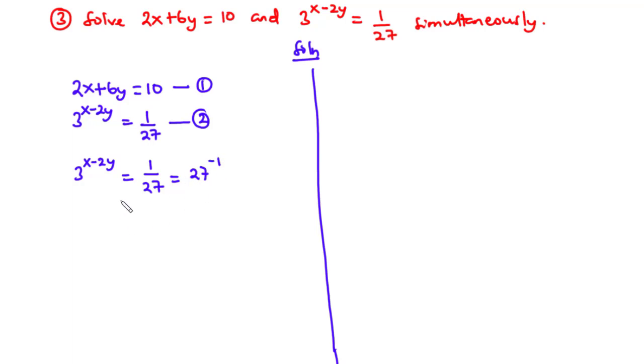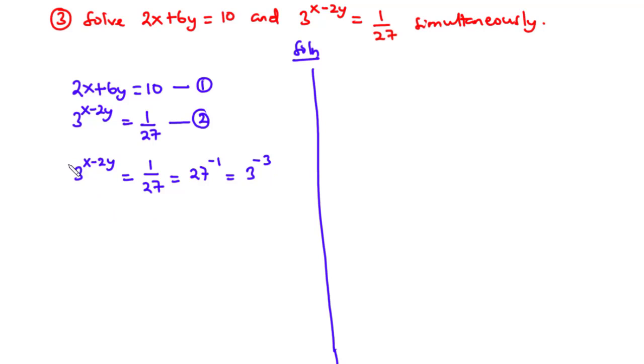Now 27 is a multiple of 3. So 3 times what number will give you 27? 3 times 3 times 3 is 27, which is the same as 3 exponent 3. However, because of the negative 1, we multiply negative 1 by the exponent 3, which gives us negative 3. So 27 exponent negative 1 is the same as 3 exponent negative 3.